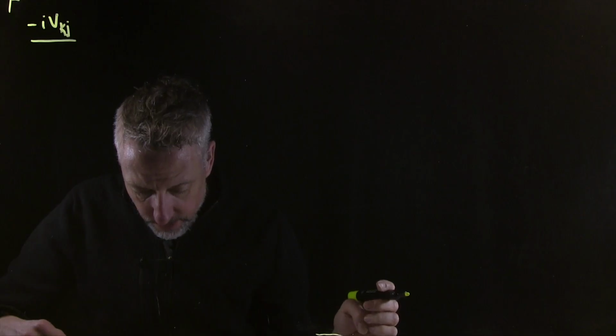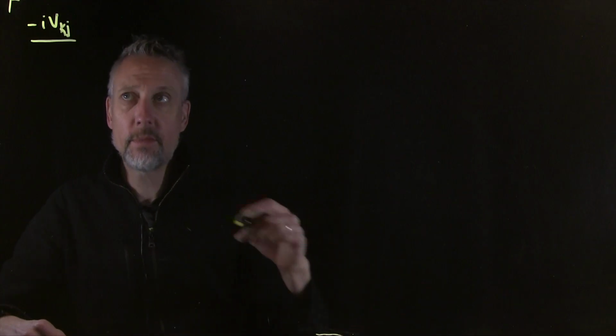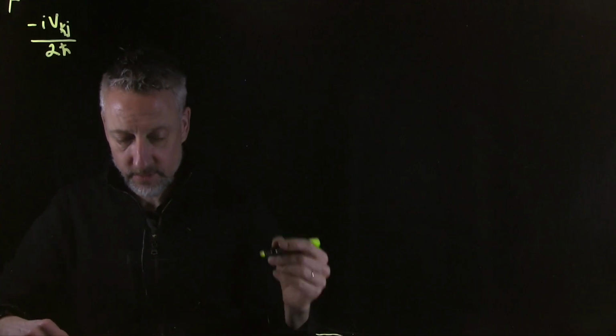We have a factor of 1/2 for putting it into cosine, and then we have h bar that was already there from before.